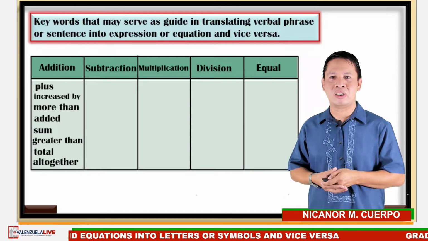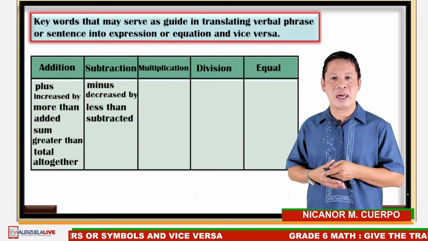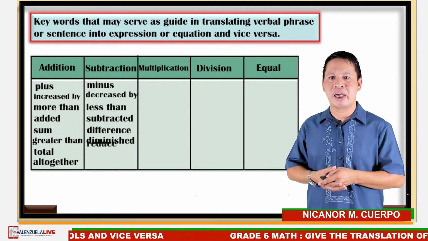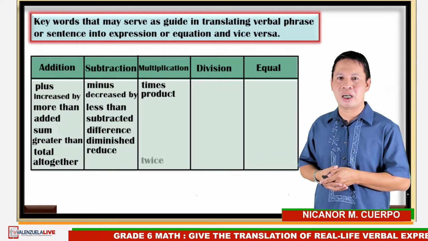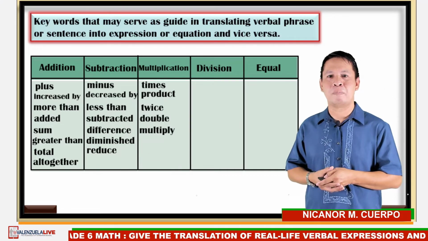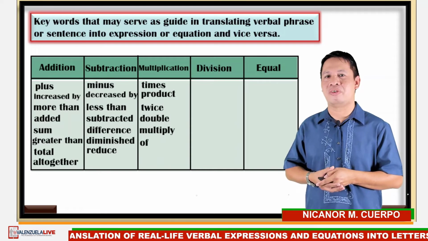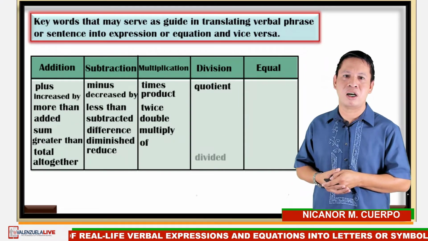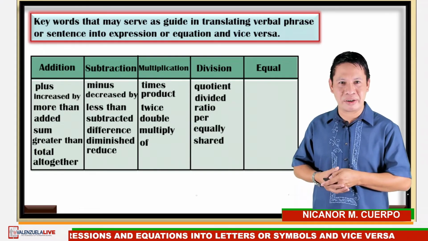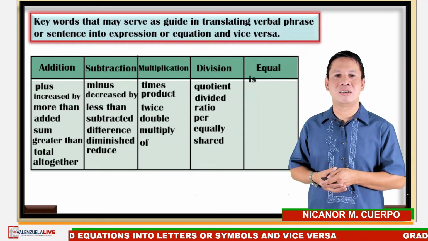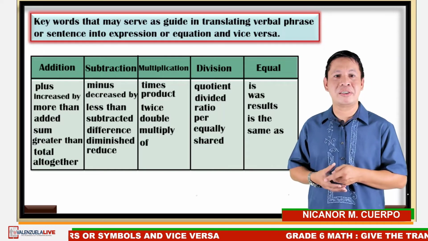For subtraction, the keywords are minus, decreased by, less than, subtracted, difference, diminish, reduce. For the multiplications, the keywords are times, product, twice, double, multiply, of. For division, we have quotient, divided, ratio, per, and equally shared. For the equal, the keywords are is, was, results, is the same as.